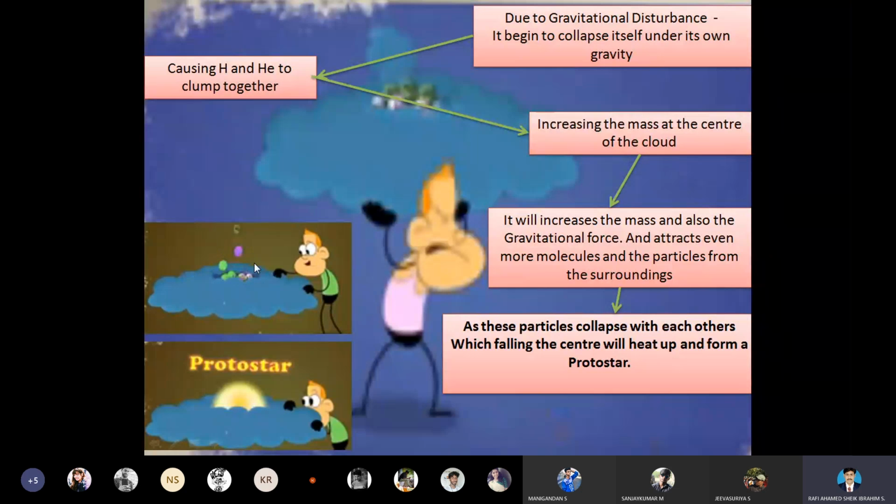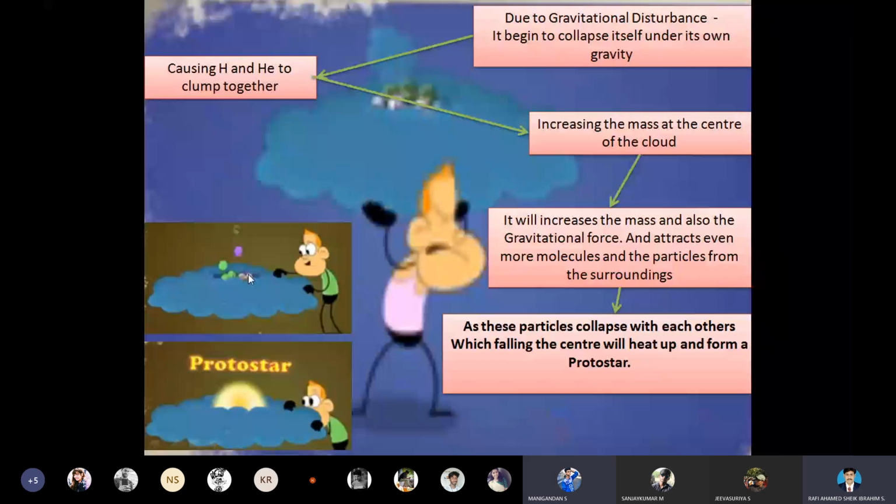They attract each other, and as a result they produce heat. They produce heat due to the collapse, and it creates a protostar. The formation of the protostar takes place after the collision between these two particles, hydrogen and helium.